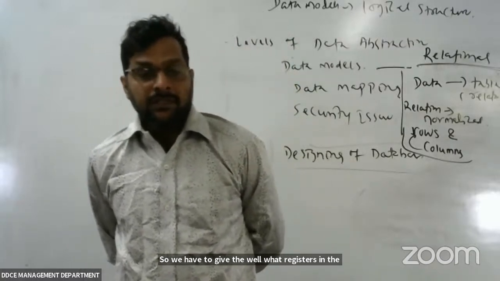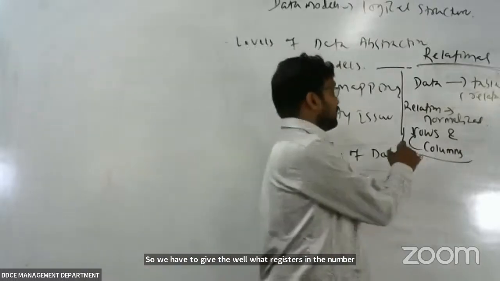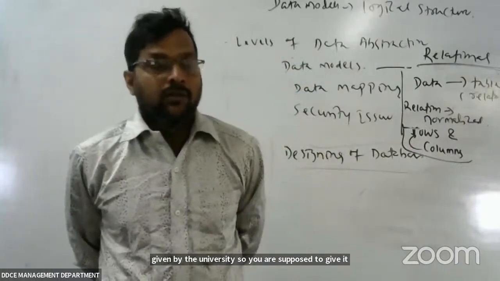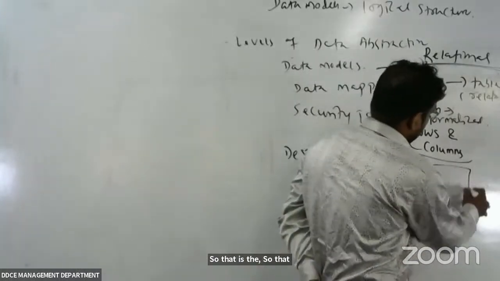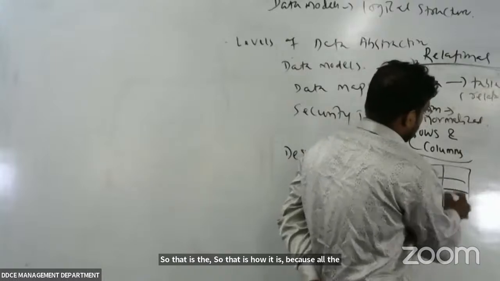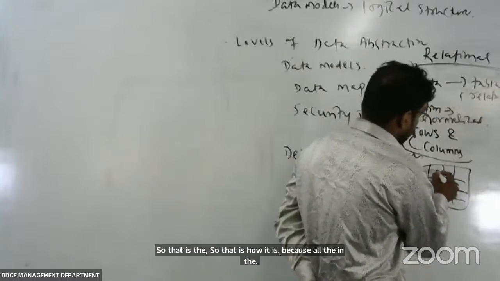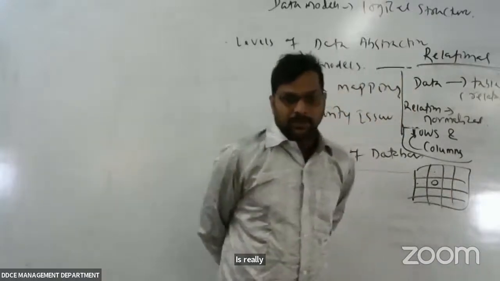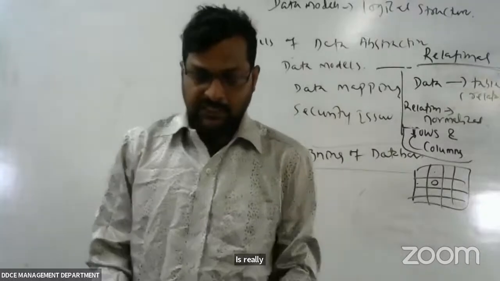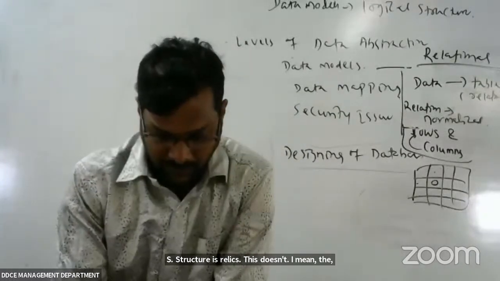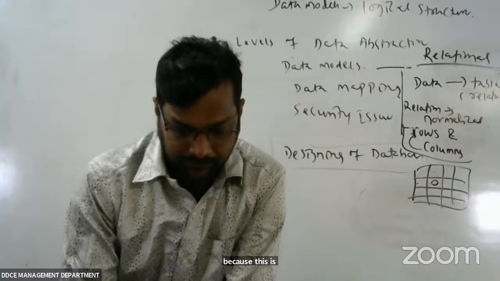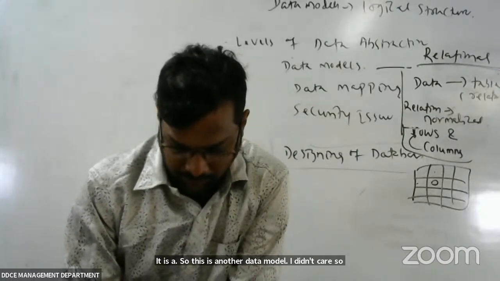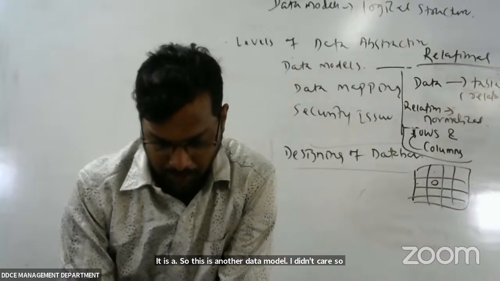That is the representation of the rows. That is why it is a relation: all the values in a tabular structure are relations, with this being the row and this the column. So this is another data model. These two models you have to write and also remember.